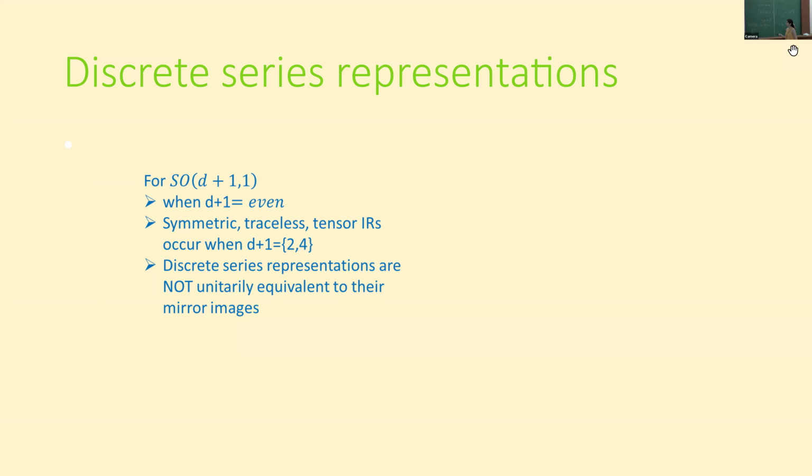So the one with the imaginary stuff is called what? Principal. The one that is not imaginary but otherwise not exceptional is called complementary. And discrete is special. Yeah, discrete arises from the exceptional. But it's something very particular.